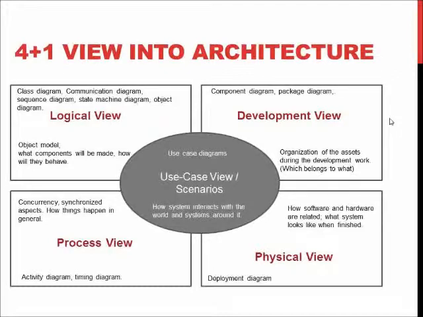The development view, how the assets are organized, has only component diagram and package diagram. That's something that I would guess, if we were doing a really, really large software project, would be more represented, but for now, both of those diagram types are somewhat rare.